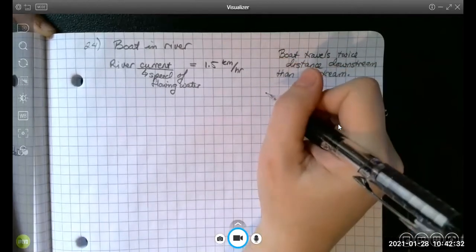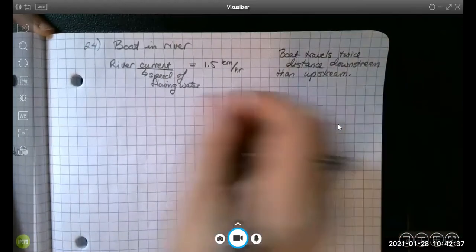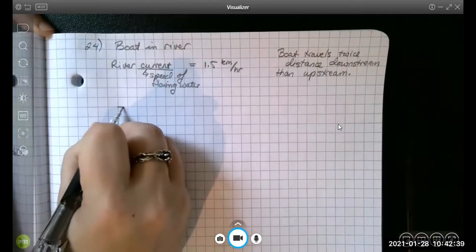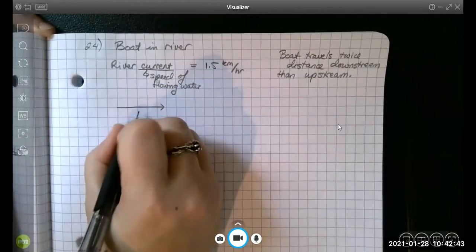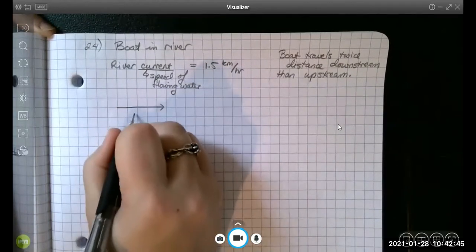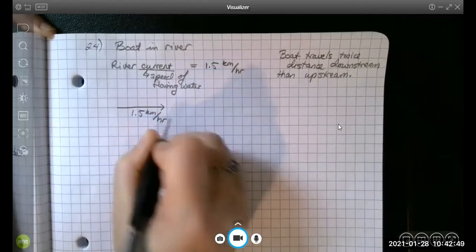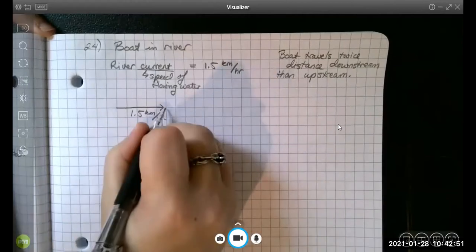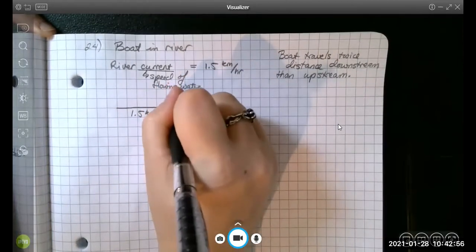Let's see. So here's what that means in a meaningful sense. When you have a boat traveling this way, this is actually some physics too. We've got one vector describing the speed of the water, and then we're going to have another vector describing the boat, B.